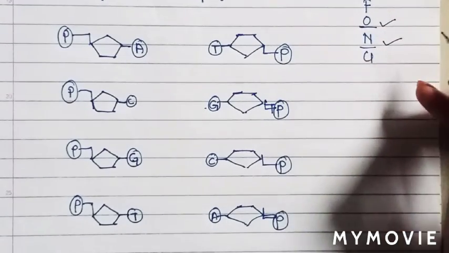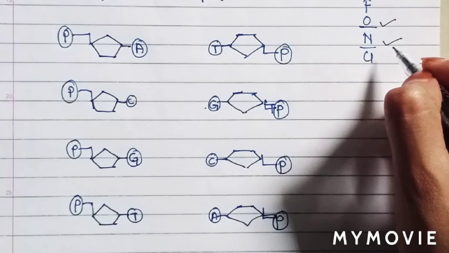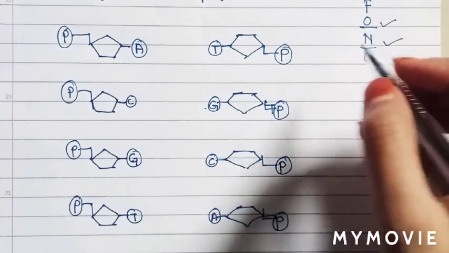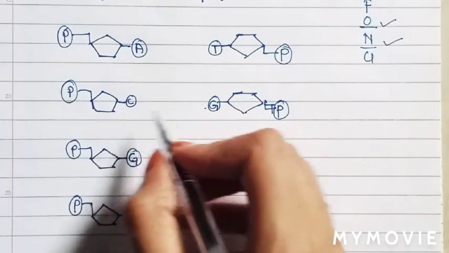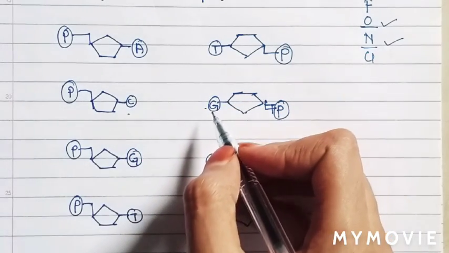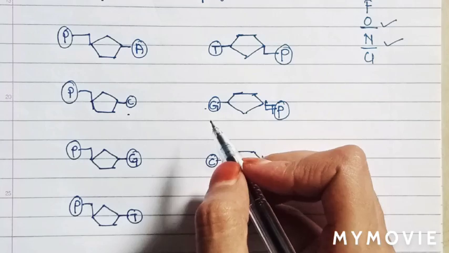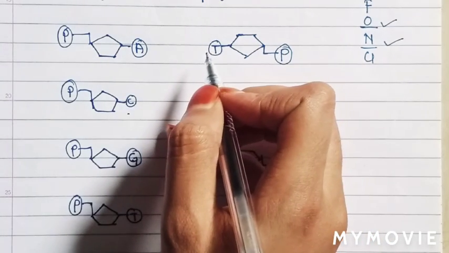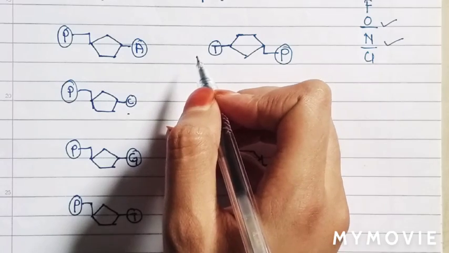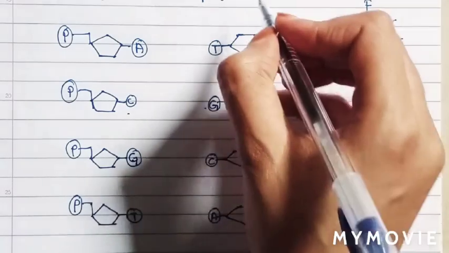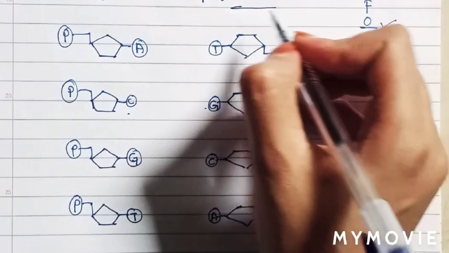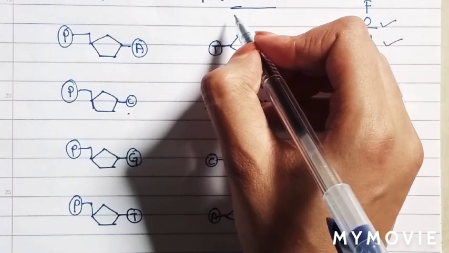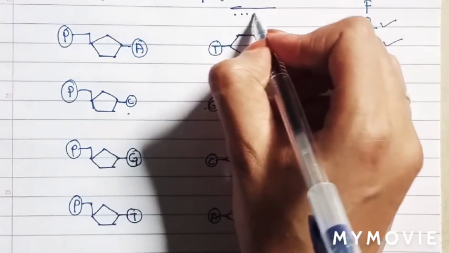So according to Chargaff, in case of cytosine and guanine there were three positions in which hydrogen bonds are formed, and in case of adenine and thymine there were two positions where hydrogen bonds are formed. But we can't draw a hydrogen bond in a straight line. We draw a hydrogen bond as a dotted line.